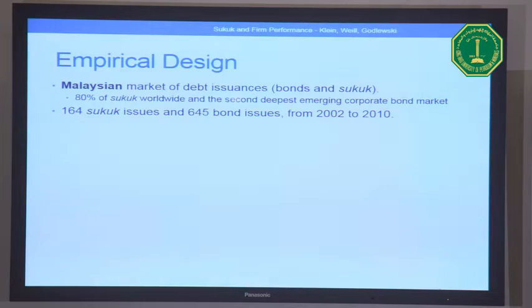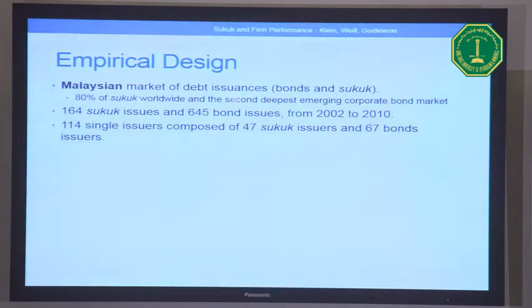It is the second deepest bond market in the emerging world, if you want. We look at 164 sukuk issues and more bond issues, of course, from 2002 to 2010, and we use only single issuers because we are looking at very long windows, up to 5 years.